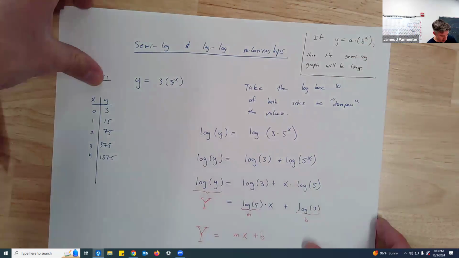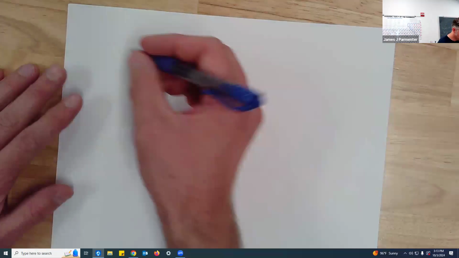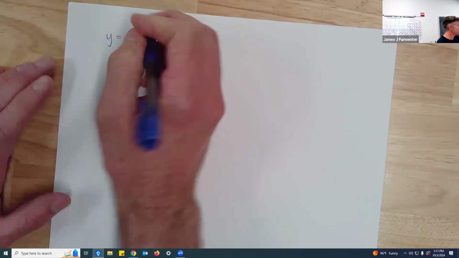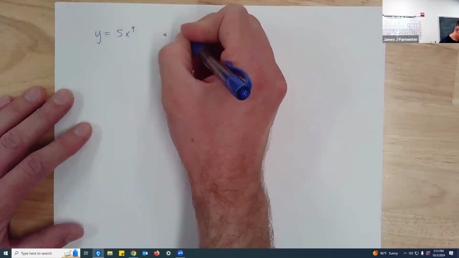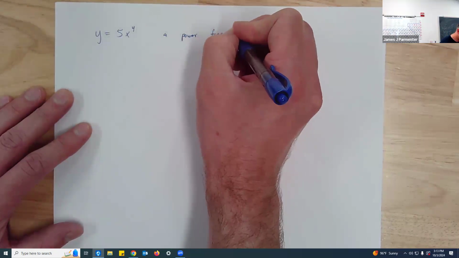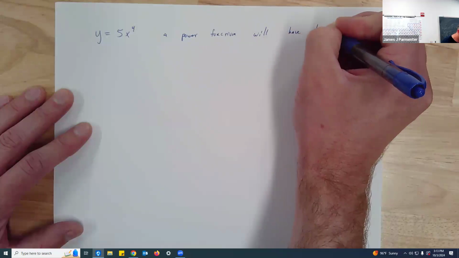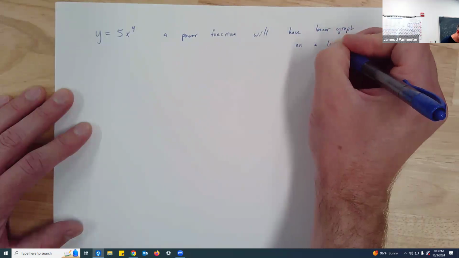In a similar way, we will see that for power functions, like y equal to 5 times x to the 4th, where you have x to a power, the power function will have a linear graph on a log-log scale.